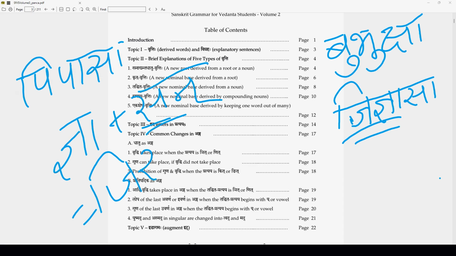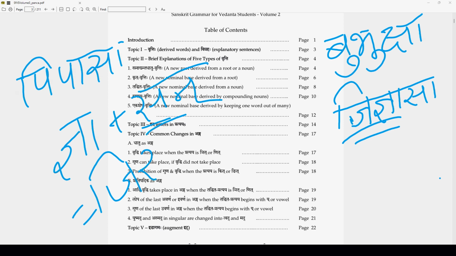Jidnyasati means someone wishes to understand. He would like to understand. Balakah jidnyasati. Aham jidnyasami, etc. That means I like to understand or know.